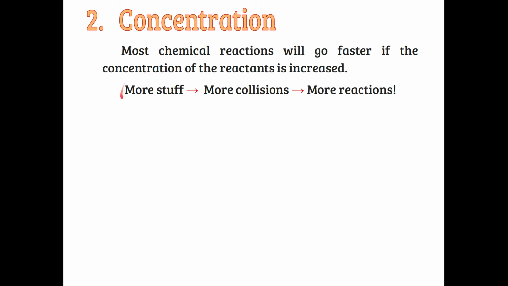If we have more particles, just by sheer increase in the number of particles, there will be an increase in the number of collisions. And since we have more collisions, more of them will proceed to the formation of the product, and the formation of the product will speed up the reaction.